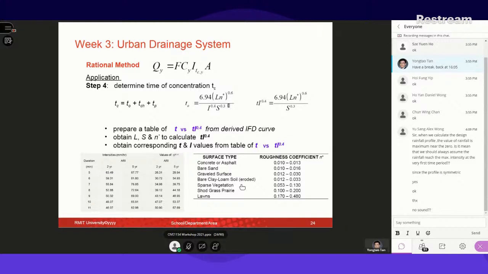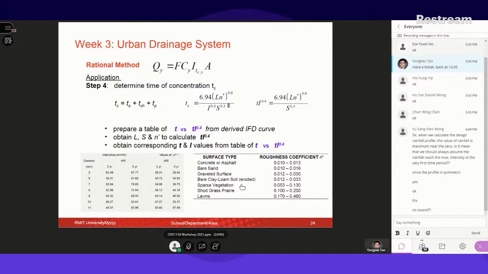The time of concentration consists of the overland time, meaning surface runoff time, TO, and also the channel time or gutter time, TCH, and also the pipe time, TP. That means the time of concentration has three different components.